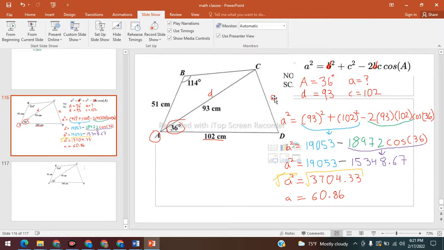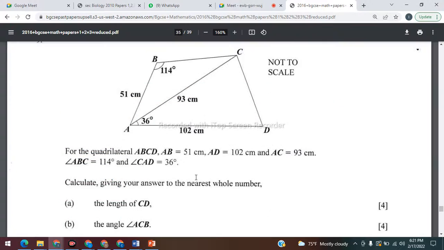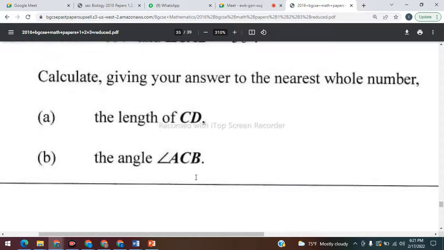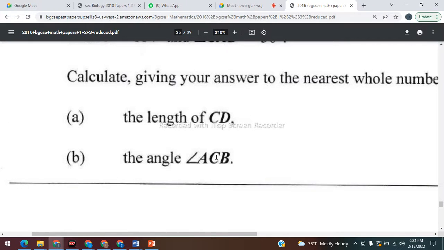Now, if you look at the question, it's very important to know how to read it. They want us to find angle ACB. When they have it like this, there are 3 letters they give us so that we can know which triangle they're talking about.